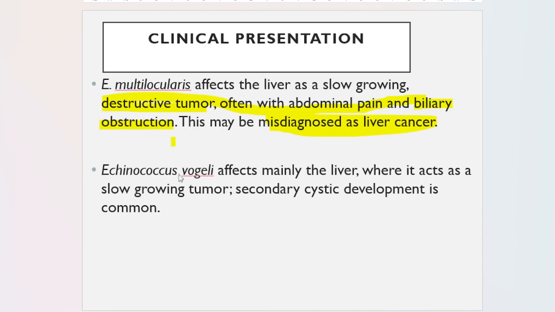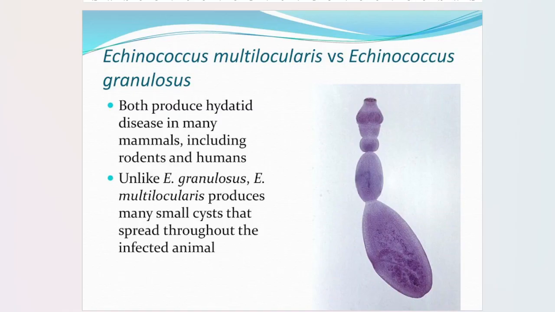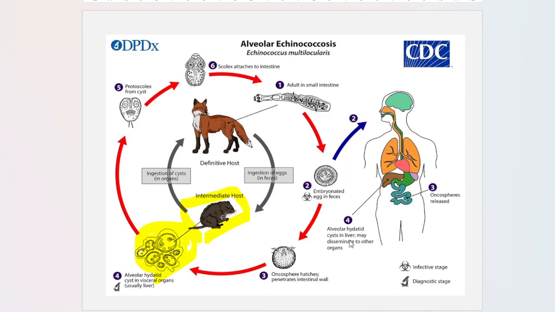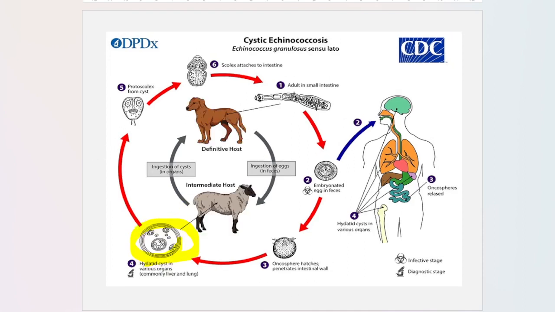So we have here Echinococcus buergeri. It mainly affects the liver, wherein it acts like a slow-growing tumor. Secondary cystic development is common. So even for multilocularis and the granulosus, there is also a cause of secondary echinococcosis.